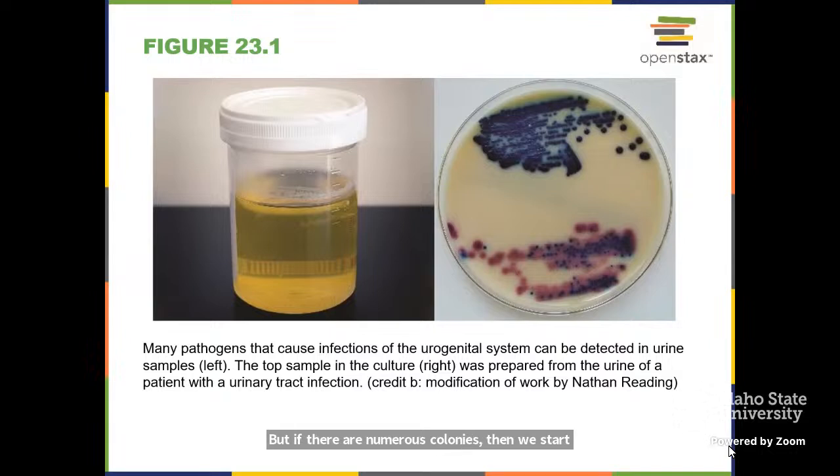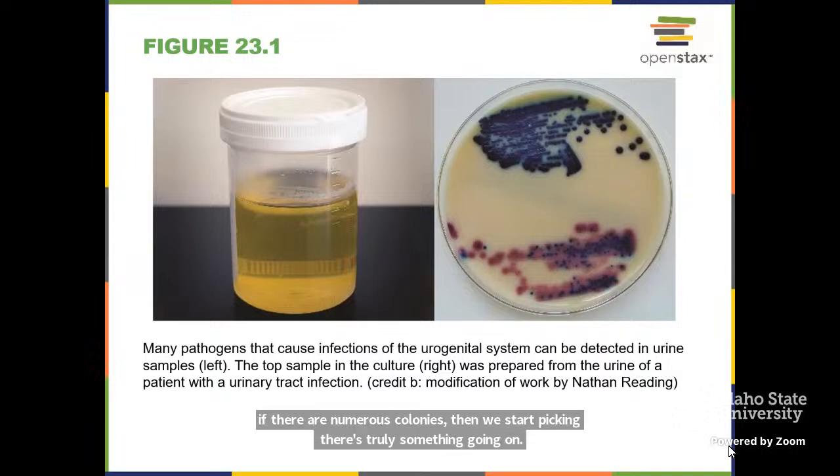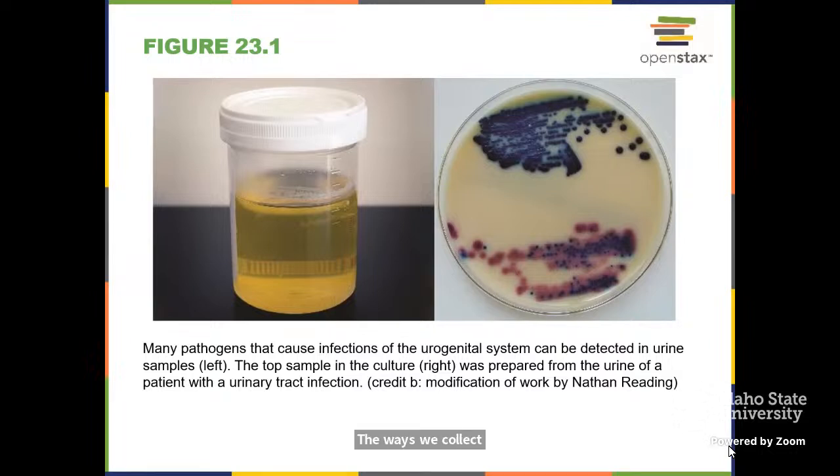The ways we collect urine specimens also are varied. Oftentimes, what we collect is a midstream clean catch. So you start voiding urine after some cleansing to ensure we're not getting a bunch of endogenous organisms. We start urinating and then pass the cup midstream and only get that middle bit, not the first drops and not the last drops.